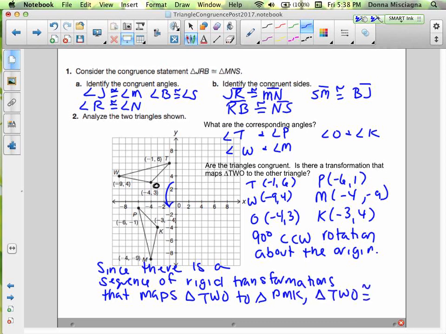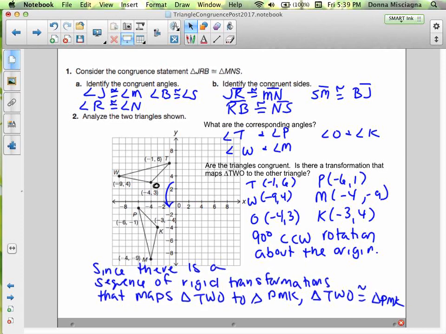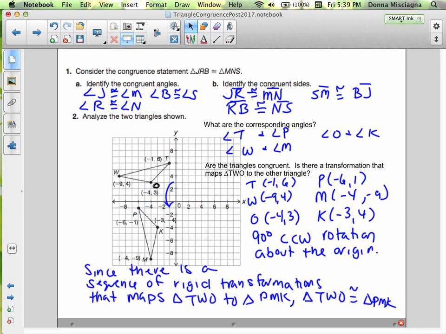And you should always state what the transformation is. You can state it in your justification, or you could state it separately like we did here. All right, so now we've answered that question. Gee, that wasn't too difficult now, was it?